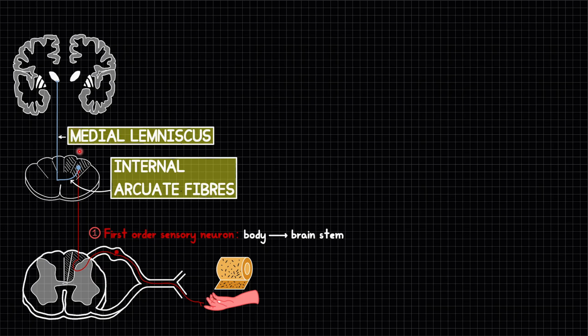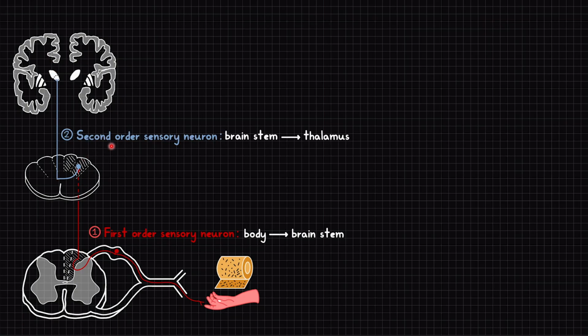So to recap, my second order neuron will decussate via the internal arcuate fibers. It will then ascend as the medial lemniscus, contralaterally, until it reaches the thalamus. And so this is how my second order neuron gets from the brainstem to the thalamus.